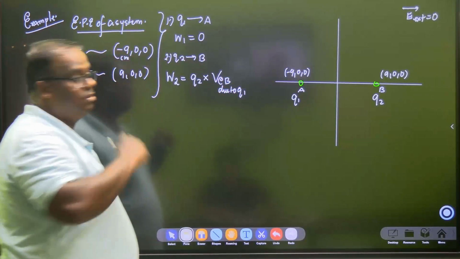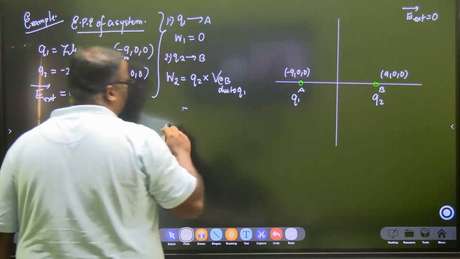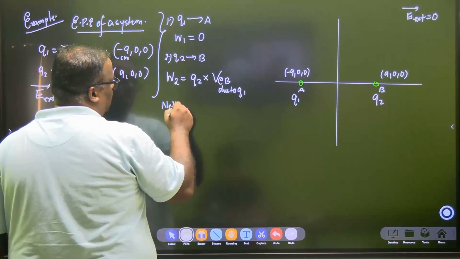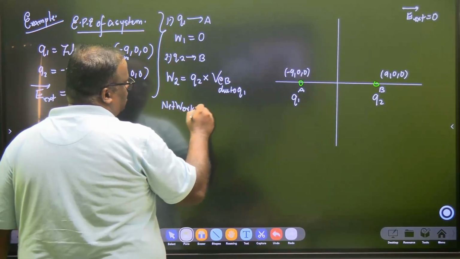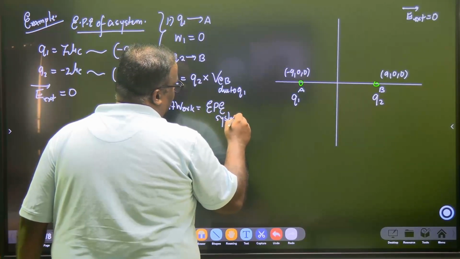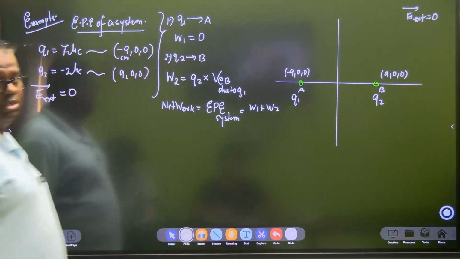Yes or no? The net work is equal to the EPE of the system, which is W1 plus W2.